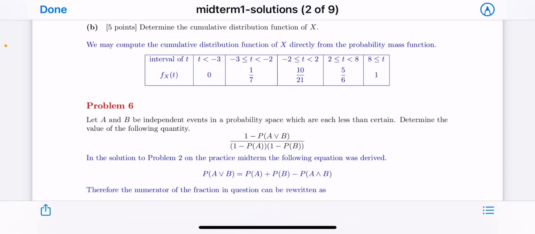And so if I use this equation to turn my A or B into something involving A and B, then I have some hope to exploit my hypothesis of independence, which is literally the only hypothesis the question gives me other than paranoia about division by 0. So it's like I only have one hypothesis, which tells me I can turn conjunctions into products because of independence. So if I only have one hypothesis, I need a conjunction to appear somehow so I can turn it into a product with the definition of independence.